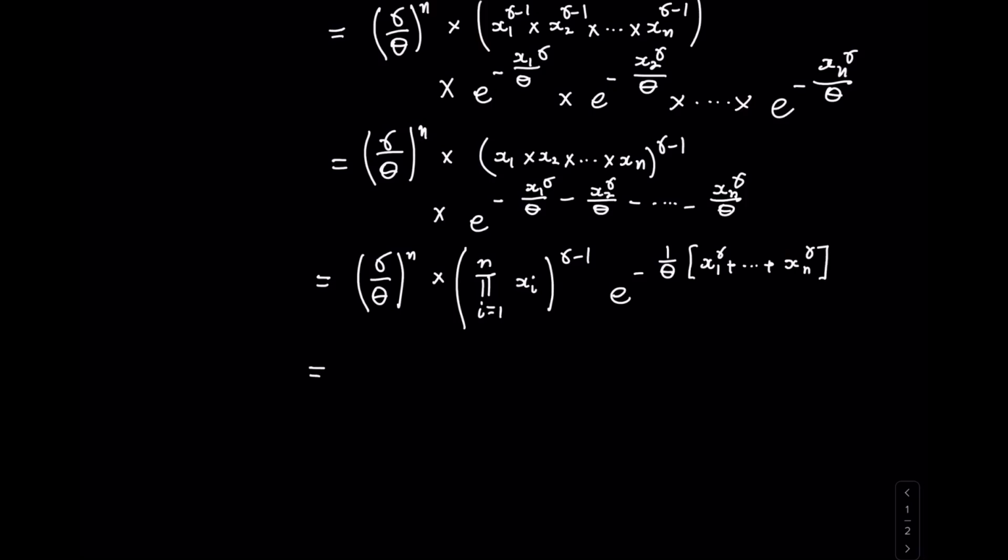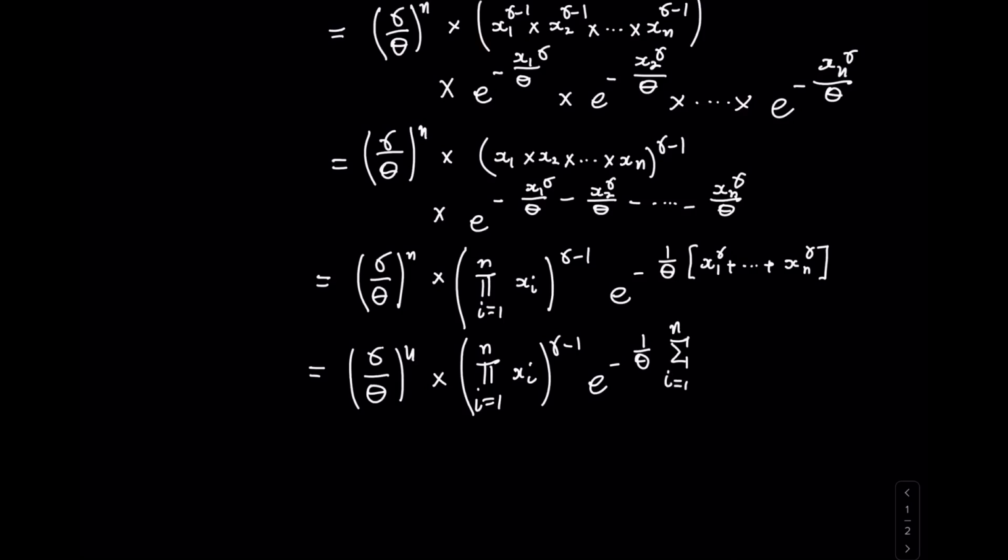And then in a final form, that becomes gamma on theta unchanged to the power of n times the product of i equals 1 to n of xi unchanged to the gamma minus 1. And then in a nice compact form, again, we've got e to the negative 1 on theta, sum of i equals 1 to n of xi to the gamma. Cool. And I'm going to copy that function just for later.